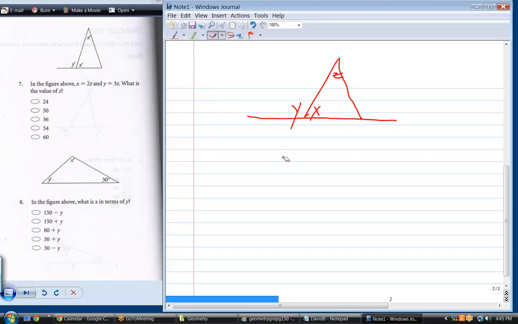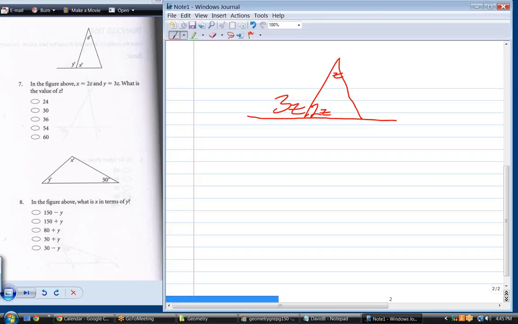Well, we would turn the factors into z. Z, exactly. In other words, they tell us that x is 2z, so I'm going to write 2z there. And they tell us that y is 3z. And now I can apply algebra to figure out what z is.